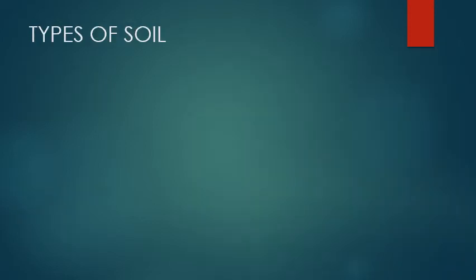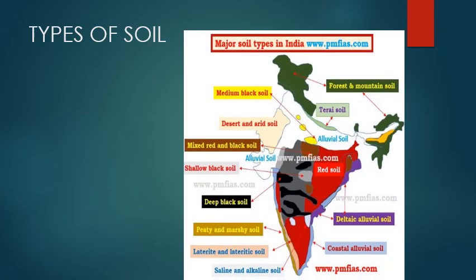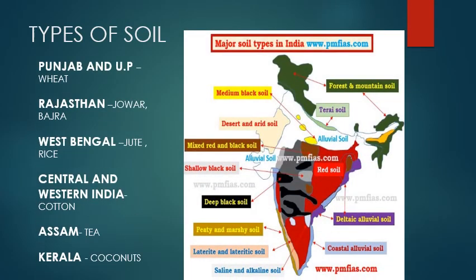India has got a variety of soil and different crops require different types of soil. The fertile and well irrigated soils of Punjab and Uttar Pradesh are good for growing wheat, while the sandy soil of Rajasthan is good for growing jowar and bajra. Jute and rice, they are grown best in the clayey soil of West Bengal.